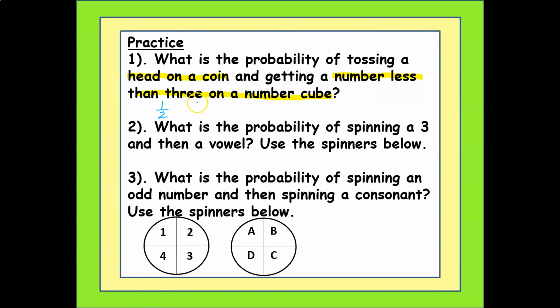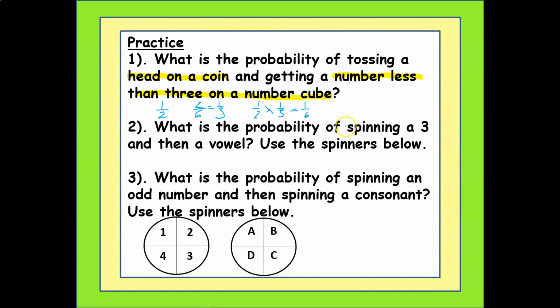So we have 2 options out of 6 total outcomes. So we have 1/3. So we now take 1/2 times 1/3 to get 1/6. So our probability of getting a head and a number less than 3 is 1/6.